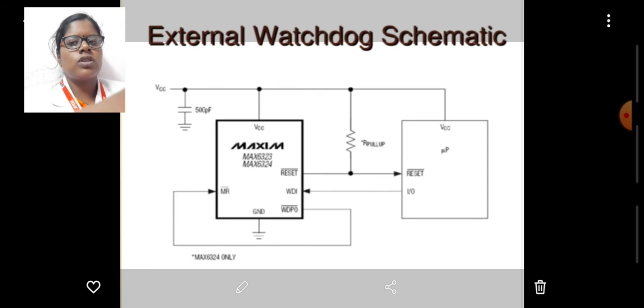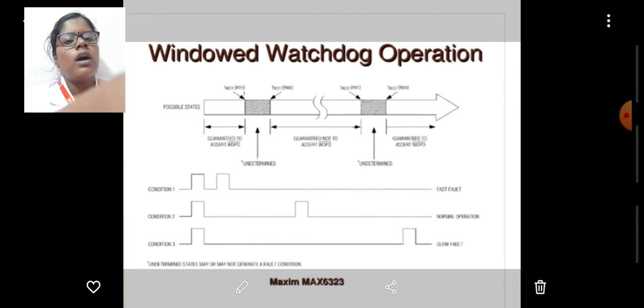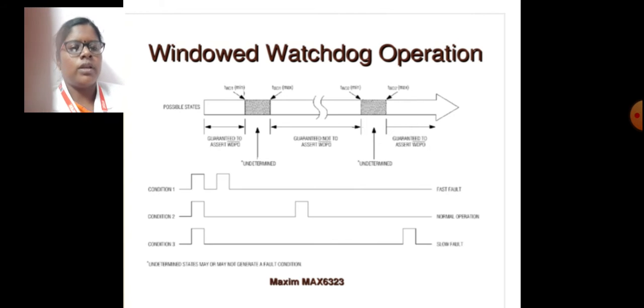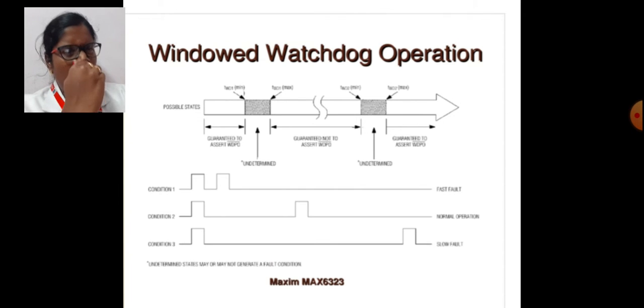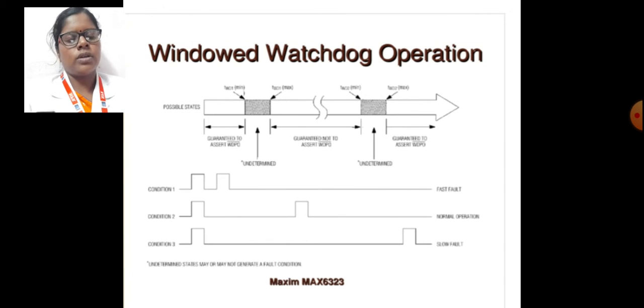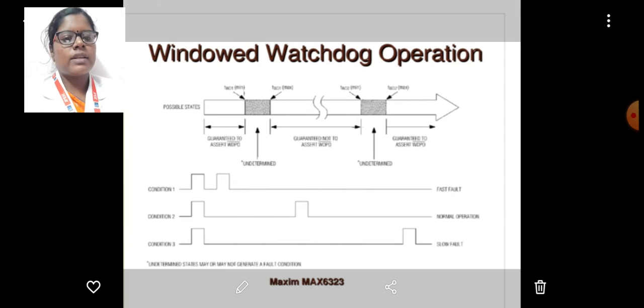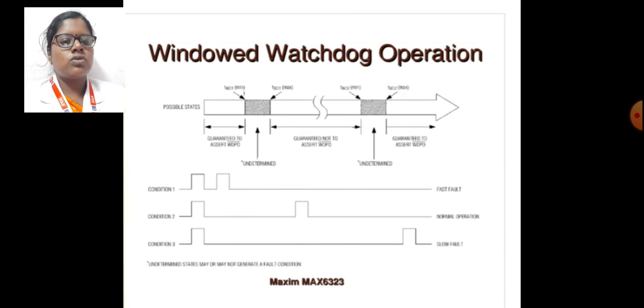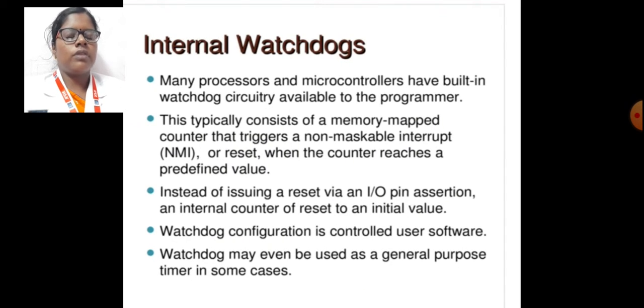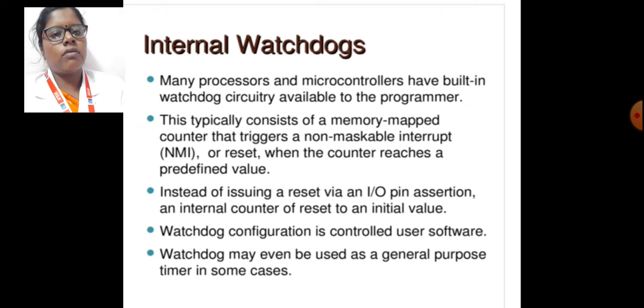And this is the windowed watchdog operation, which explains the timeout derivation for the MAX623 operations. And now we're going to see about internal watchdogs.